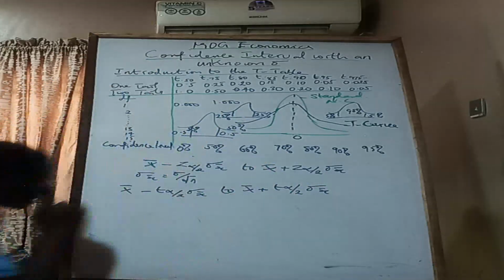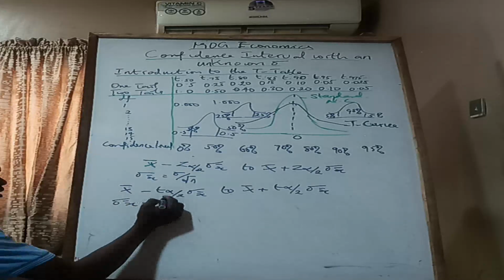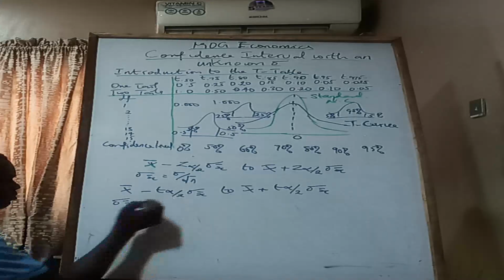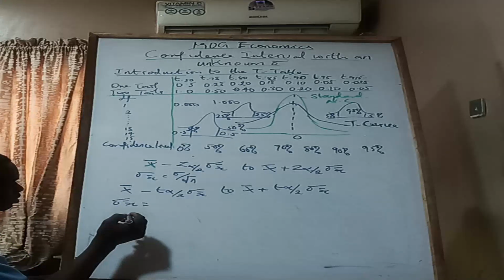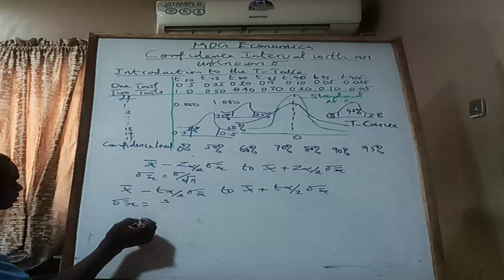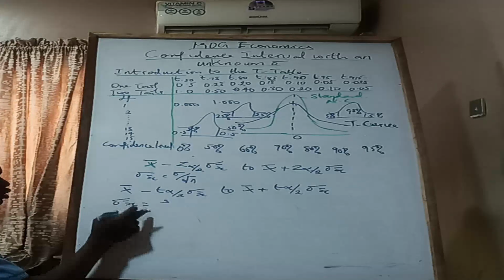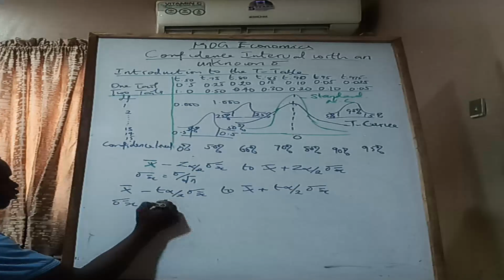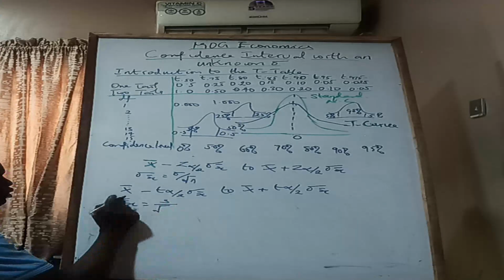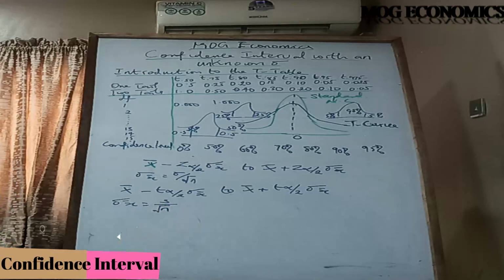The difference here now is that our standard deviation of the sample mean is S, the sample standard deviation, over root n.